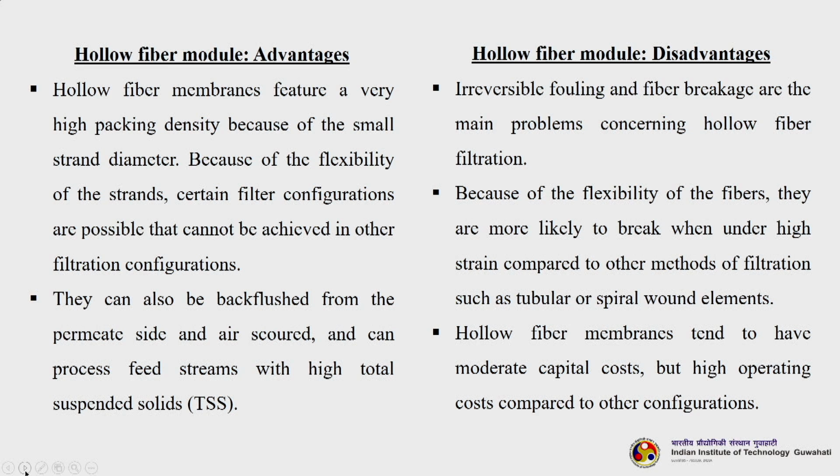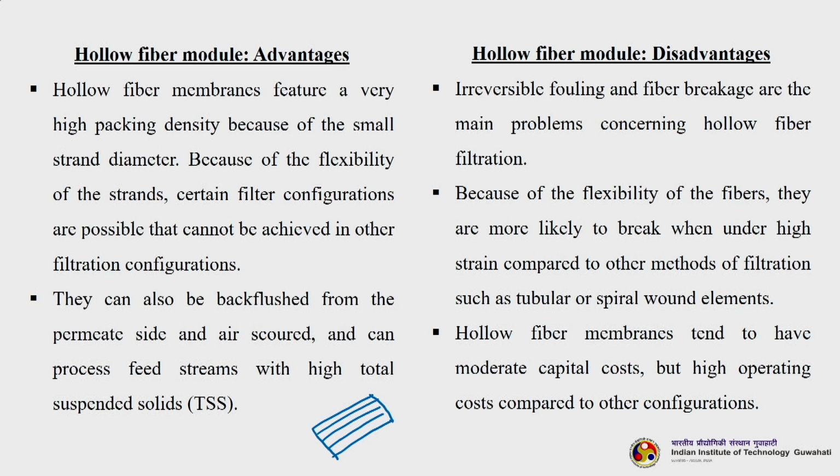However, the disadvantage is that irreversible fouling and fiber breakage are the main problems. Because of the flexibility of the fibers, they are more likely to break when under high strain compression. Let us consider these are small, single fibers, fused together. They do not have any mechanical support inside.